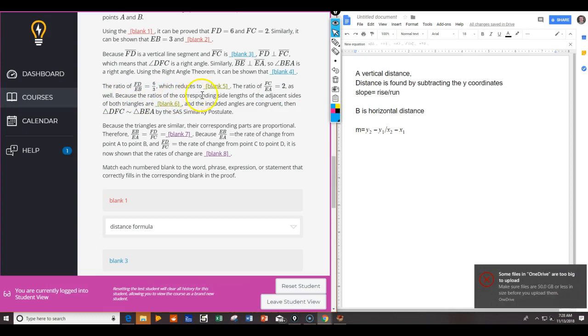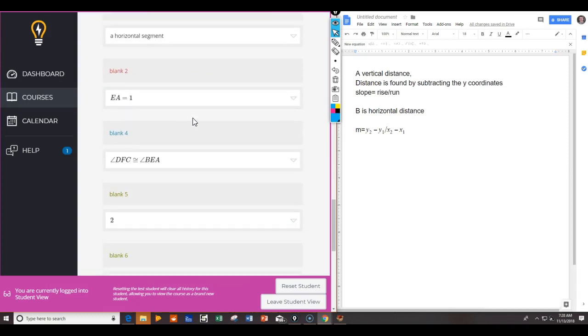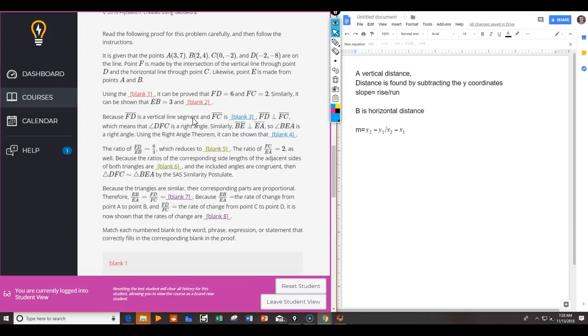Because the ratios of the corresponding side lengths of the adjacent sides of both triangles are blank, well, this one reduces down to 2 and 2, so they are both 2, which means they are congruent. So let's look for they are both.